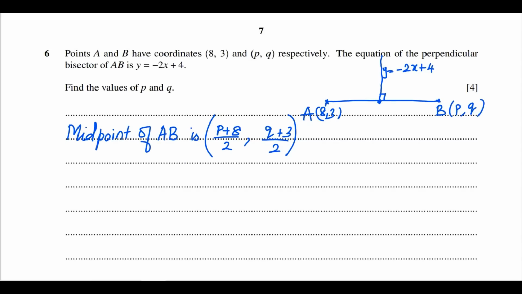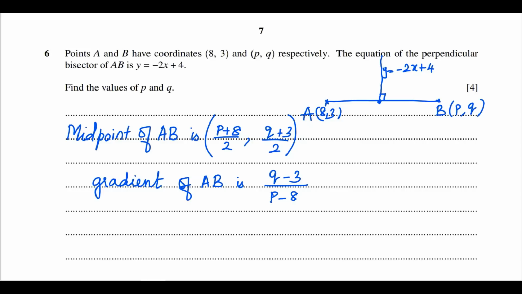So the gradient of AB is Q minus 3 divided by P minus 8, and we know the gradient of AB is nothing but, from the perpendicular bisector we can get the gradient.